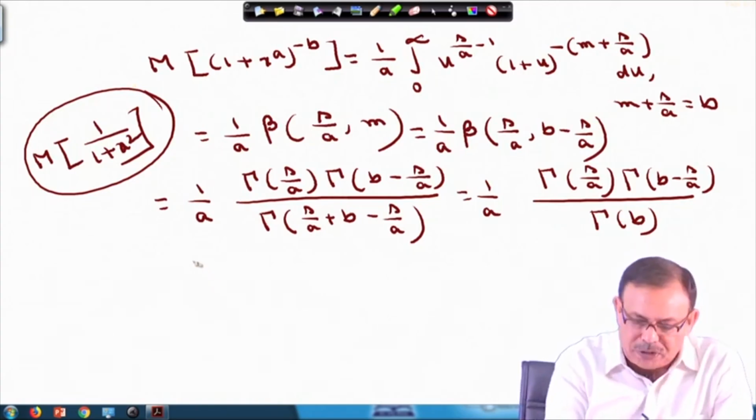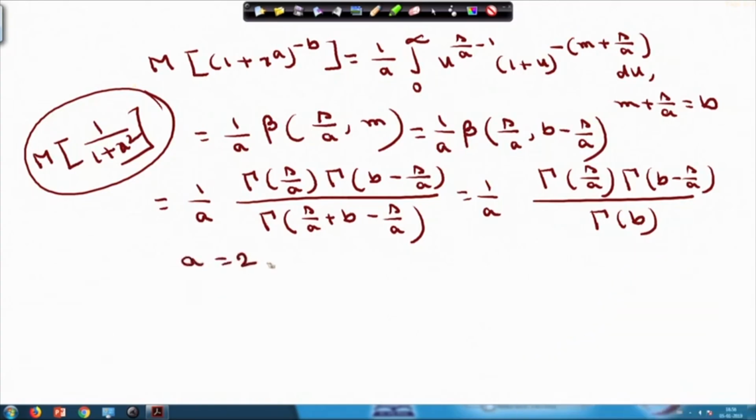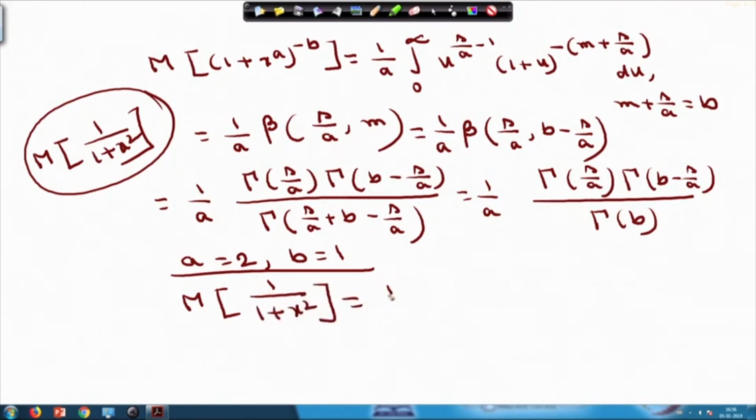To find out the Mellin transform of this, simply you put a equals 2 and b equals 1 in the earlier result. If I put a equals 2 and b equals 1, the function will become 1 by 1 plus x square, and a is 2.